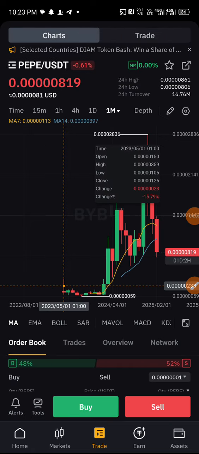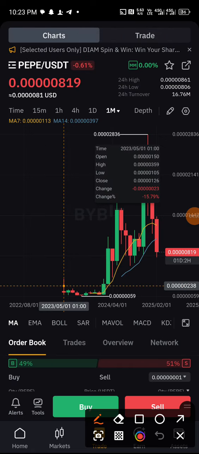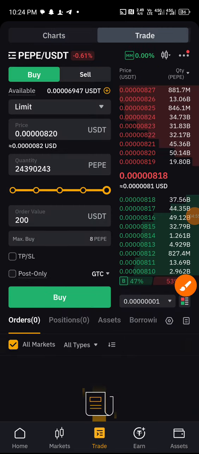Let's look at that. This is what I'm talking about. 0.0002836. Okay. So let's look at how much we will make if this particular coin repeats history.